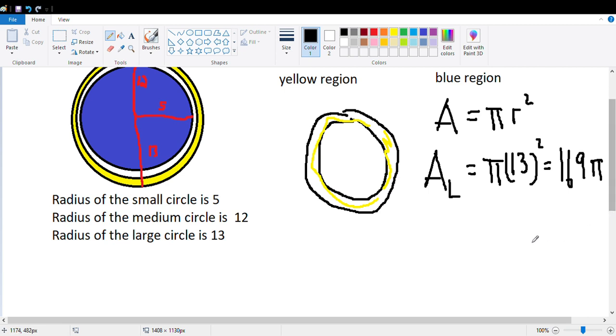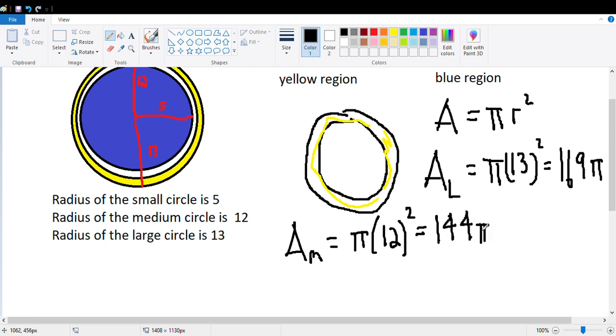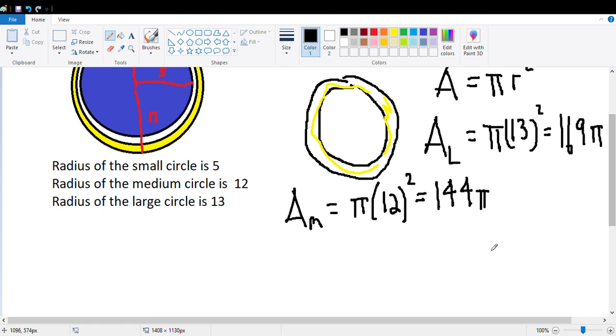For the area of the medium circle, again, we use the same equation. We're going to get pi, the radius is 12, so it's 12 squared, and 12 squared is 144. We get 144 pi. And therefore, like we just talked about, I'm going to subtract the area of the medium circle from the area of the large circle.